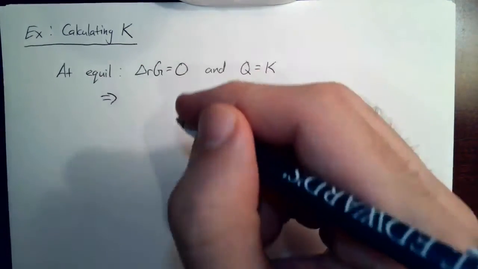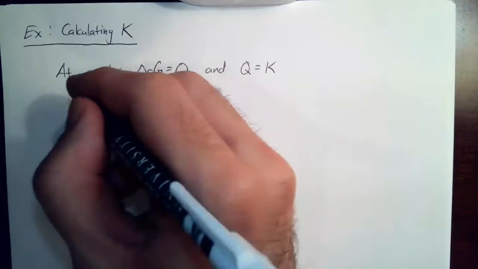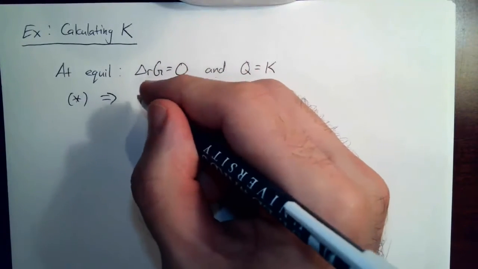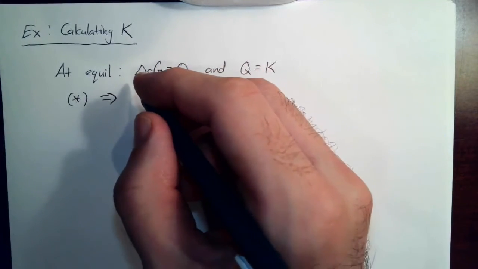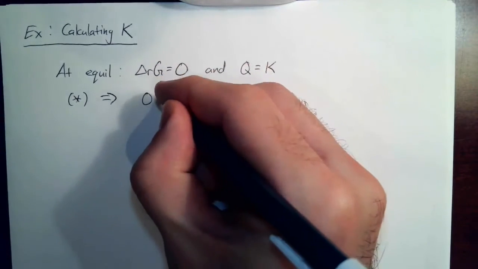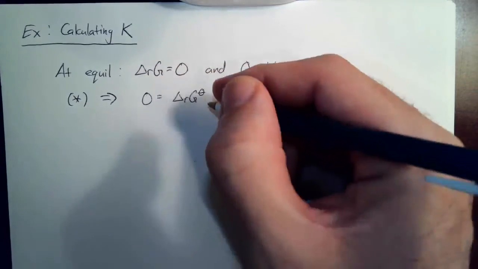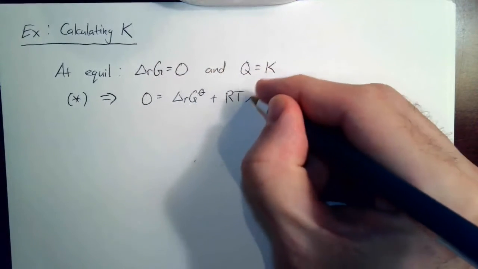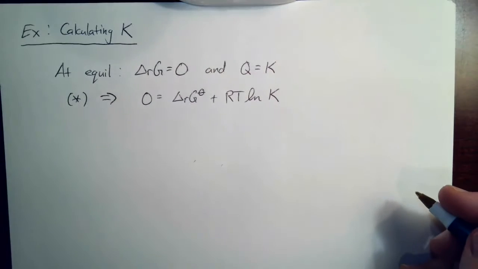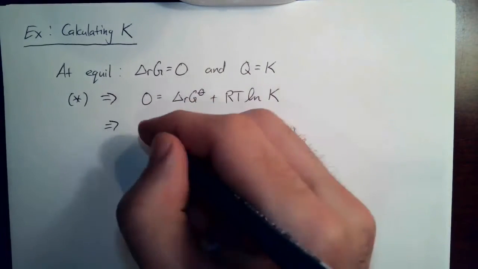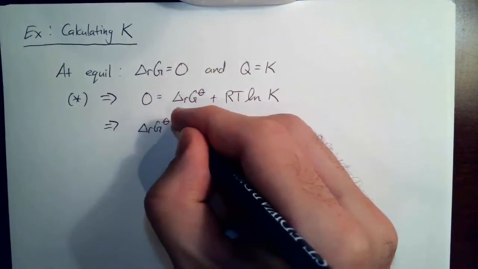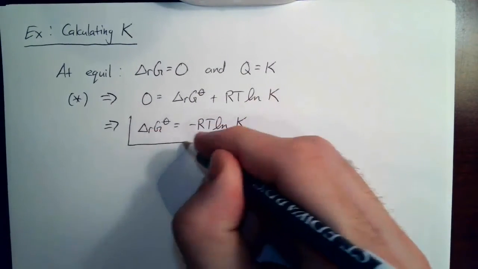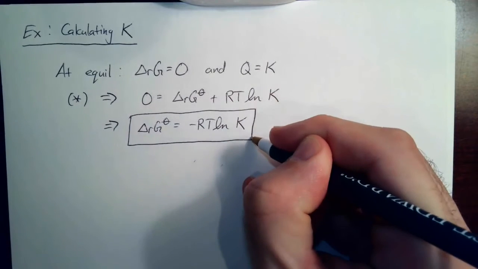And those two things together, when we use equation star from earlier in this lecture, then we have 0 equals the standard Gibbs energy of the reaction plus RT ln the equilibrium constant. And so that gives me this equation. So this is the equation we're going to use to calculate K.